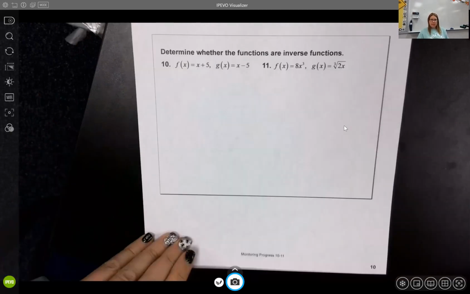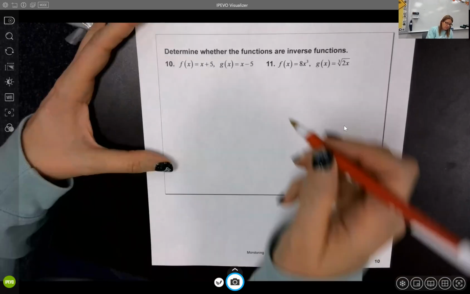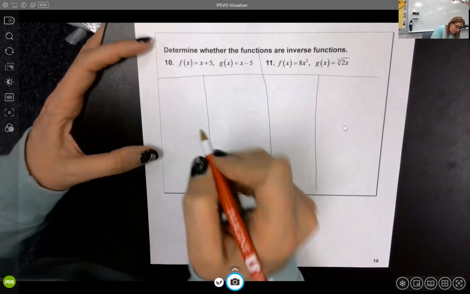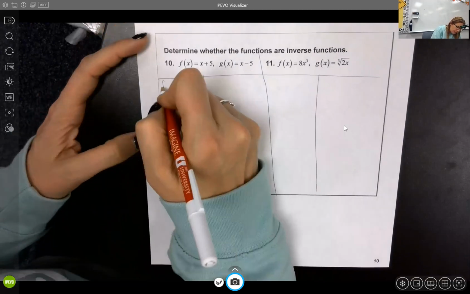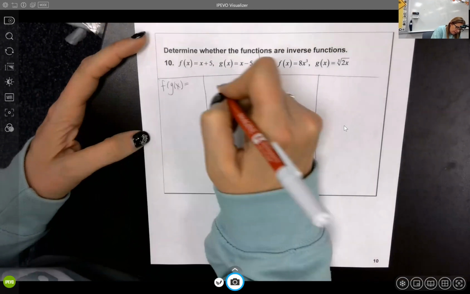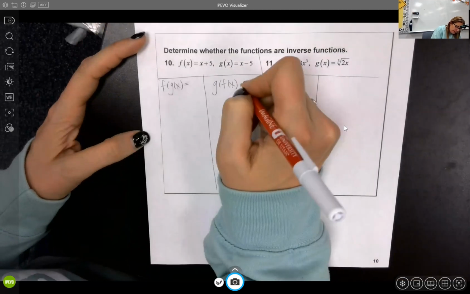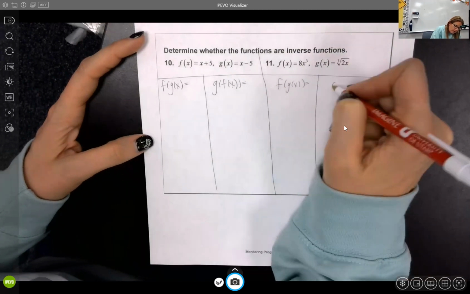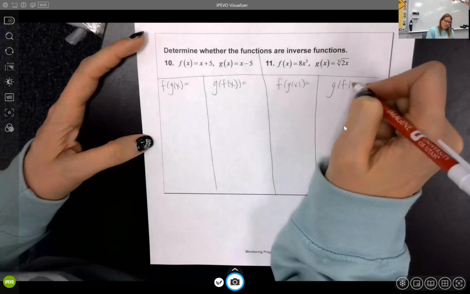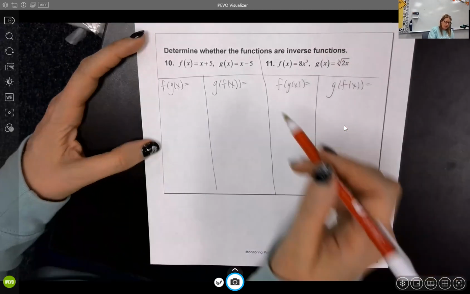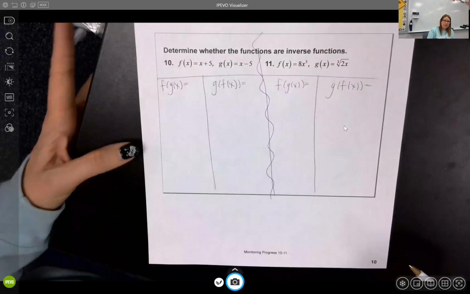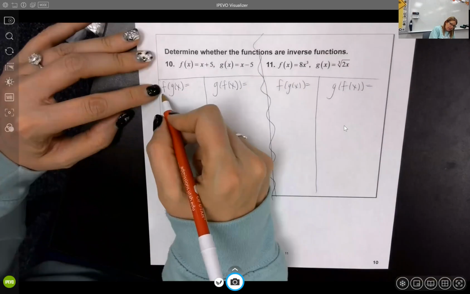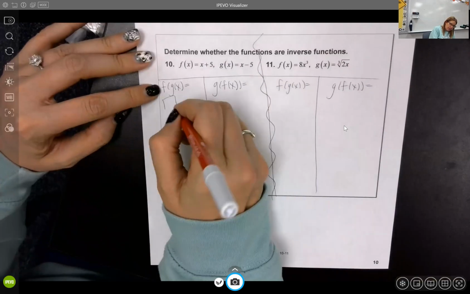So I did 2 more examples of that for you on here. We're going to do f of g of x and g of f of x. This is to verify. I split this down the middle as 2 different problems. So f of g of x, I'm going to write f first: box plus 5.